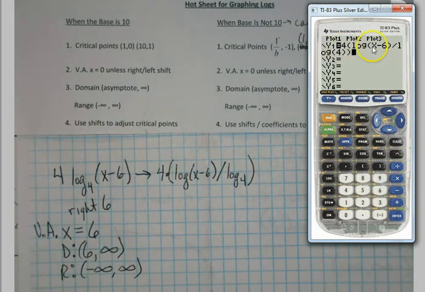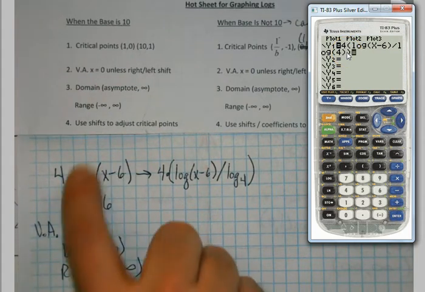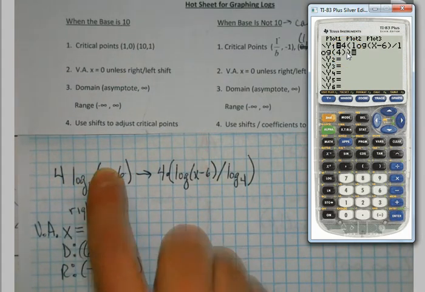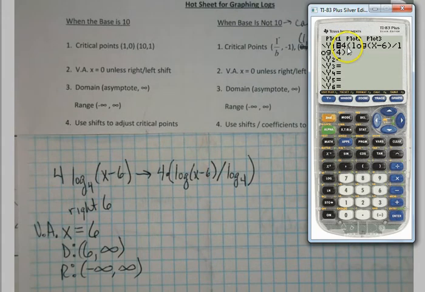I want the log of x minus 6 divided by the log of 4. That takes care of it if I didn't have these 2 parentheses in. These two are there to say I want this whole thing with the logs being divided done first. Then once you come up with that answer, I want you to multiply it by 4. So there's a lot of things for me to be thinking about here to make sure this works out okay.